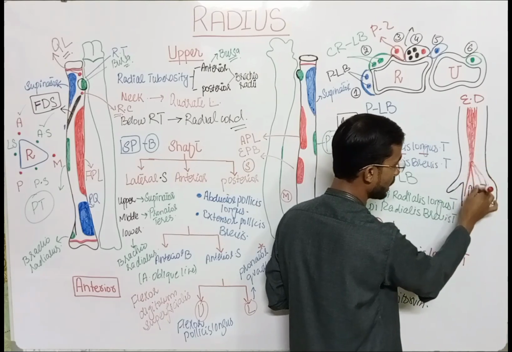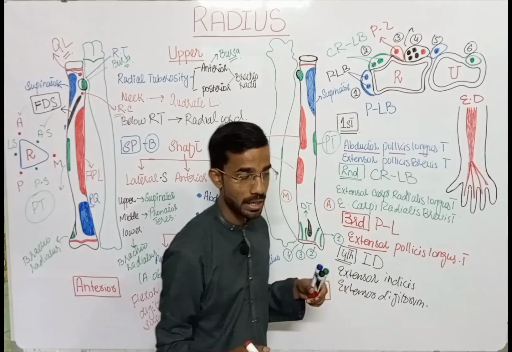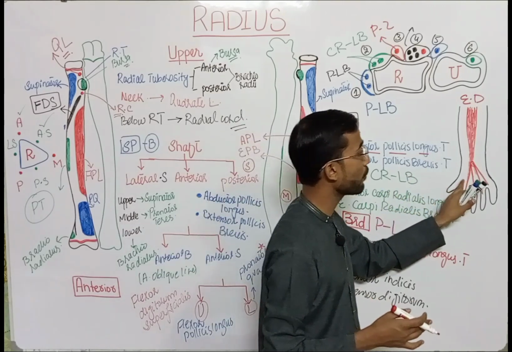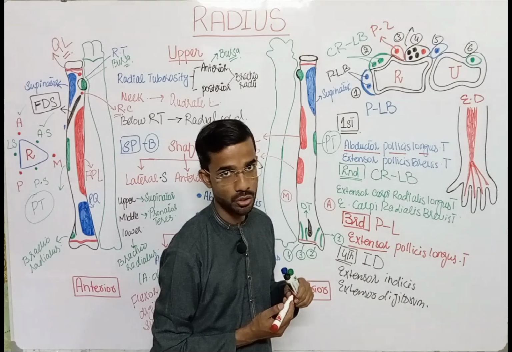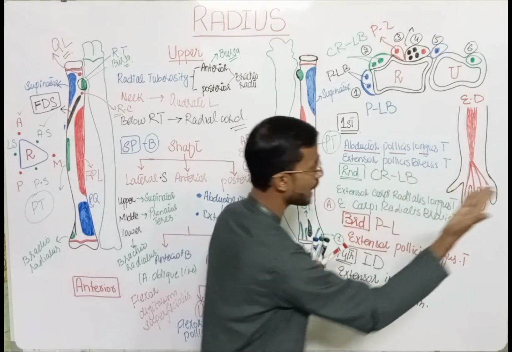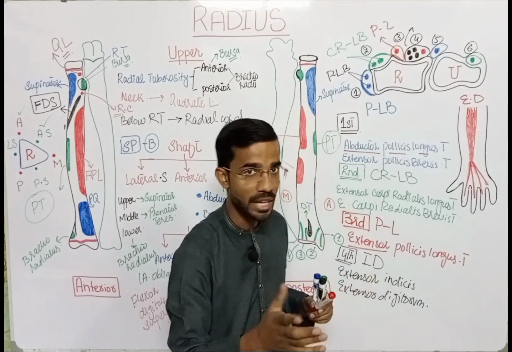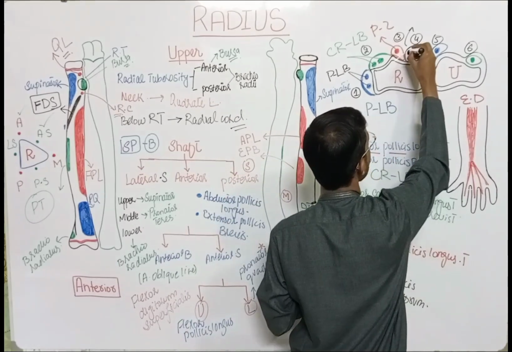From the extensor digitorum muscle, four tendons arise. So if we cut this hand and see the transverse section, you will see the four tendons.